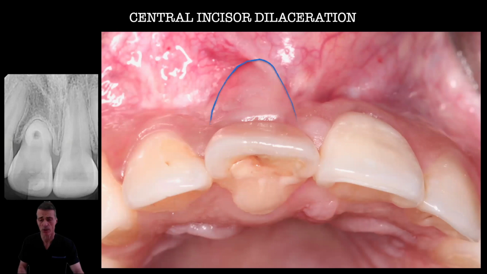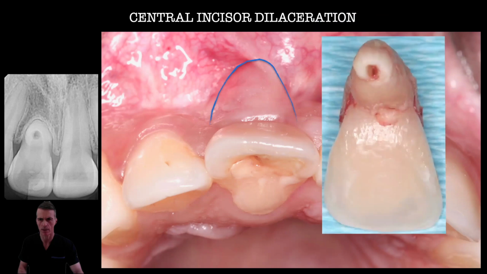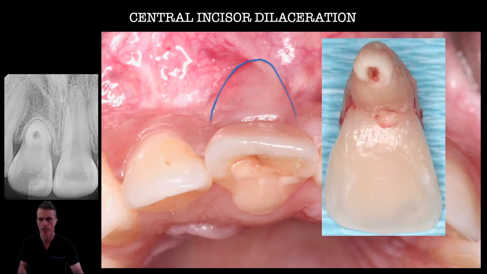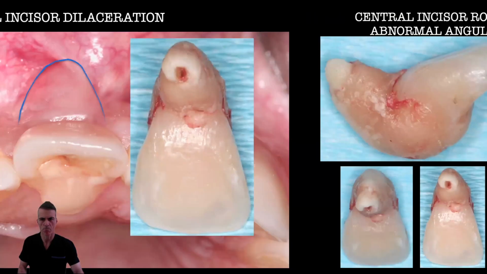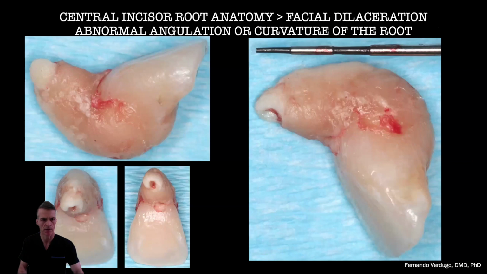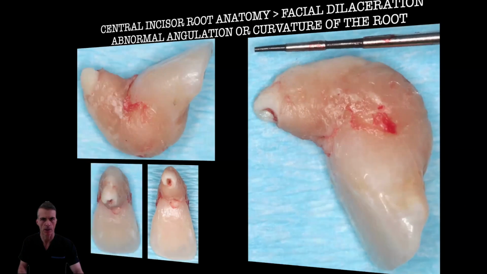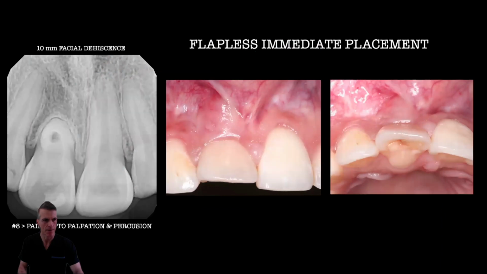This usually happens during the developmental process when the tooth is forming, and it's not common, but it can happen as a result of trauma. Those are some pictures of the central incisor with the dilacerated root, which was causing, as you can see, the severe pain on the buccal aspect.